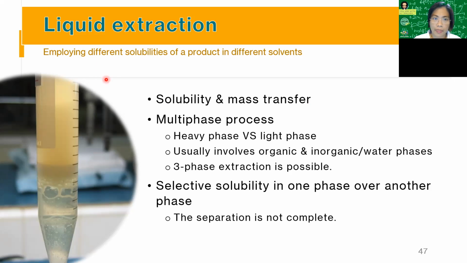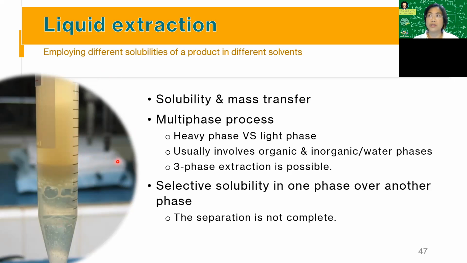But the basic thing about liquid extraction is that the extractant that you want something to move to has to form 2 different phases. The pictures that you see in this slide are from my own research.